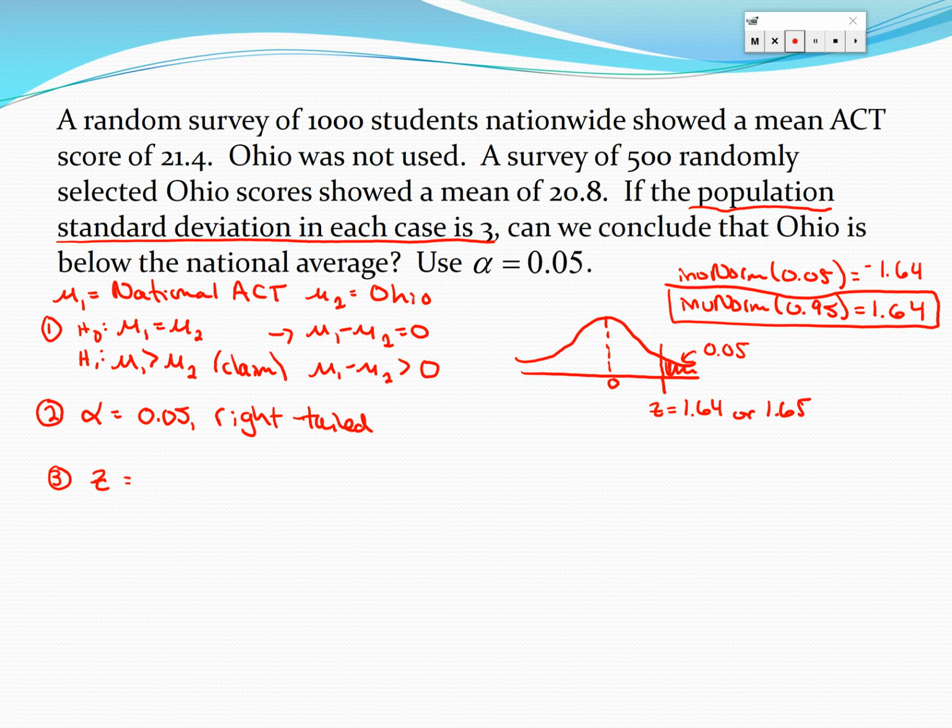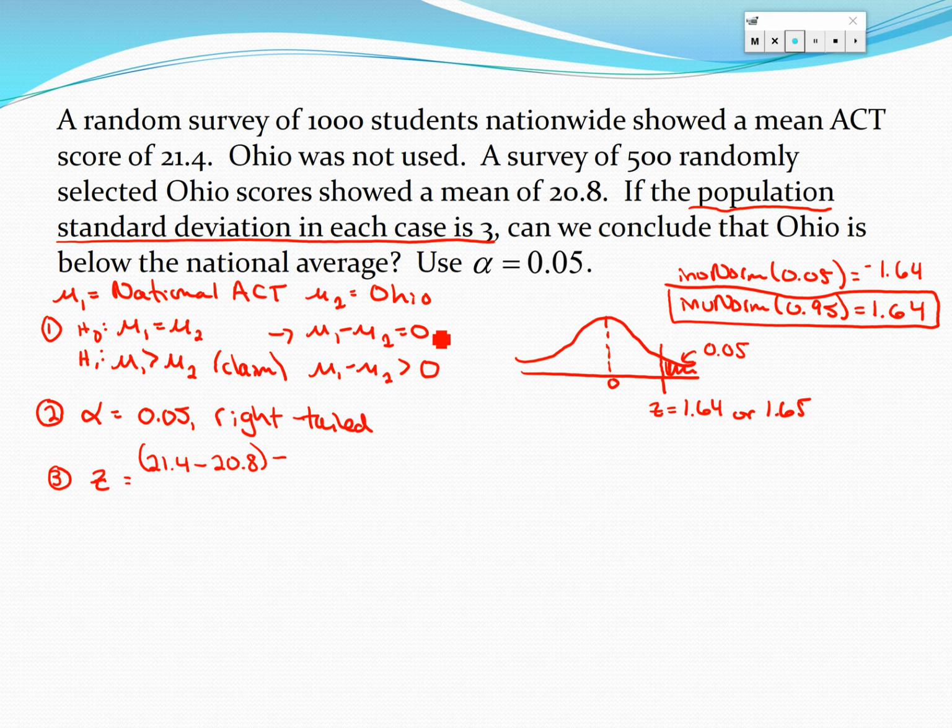So into that formula, we have x bar sub 1. That's our sample mean for whatever we designated to match up with mu sub 1. So we want the sample mean for our national ACT, which was 21.4, minus the sample mean from Ohio, which was 20.8, minus, now here's where we have the mu1 minus mu2.